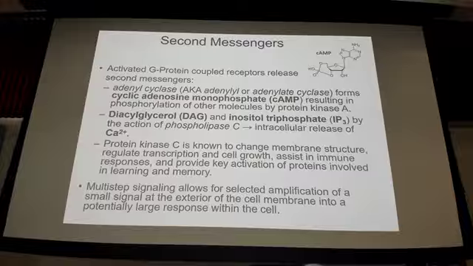And then for the G sub Q coupled protein receptors, PIP2 is broken into DAG and IP3. IP3 leaves the cell membrane, goes into the cytosol, and causes calcium to be released from the endoplasmic reticulum, causing a specific set of physiological effects. DAG will interact with protein kinase C, causing specific physiological effects. Any questions?